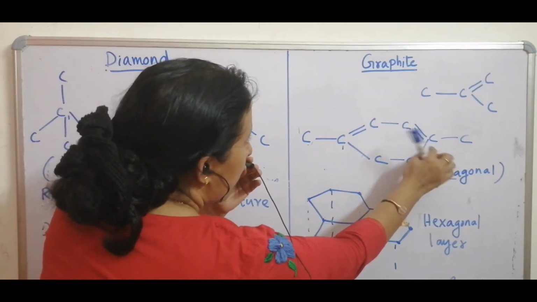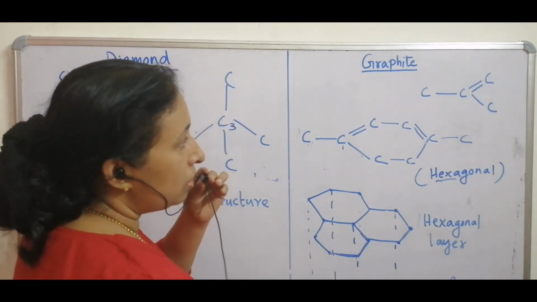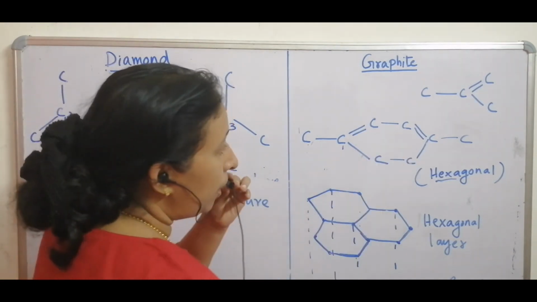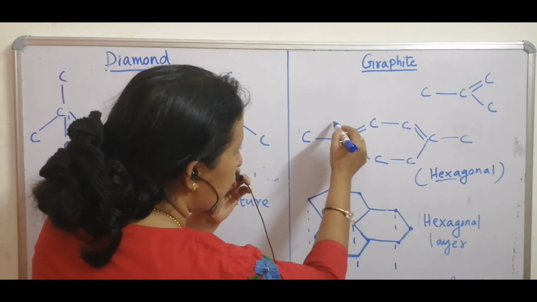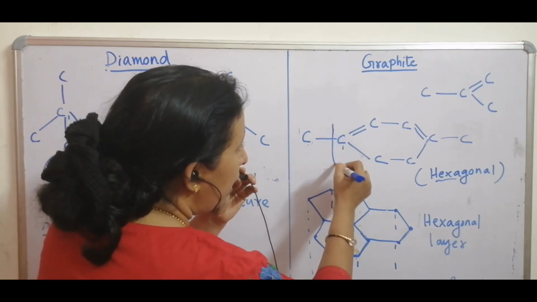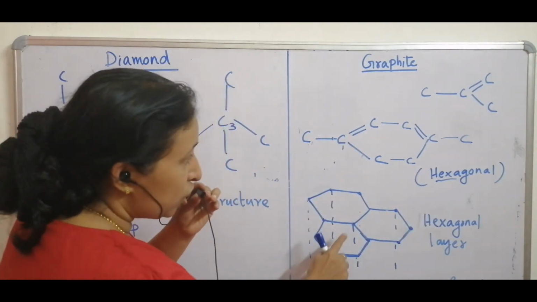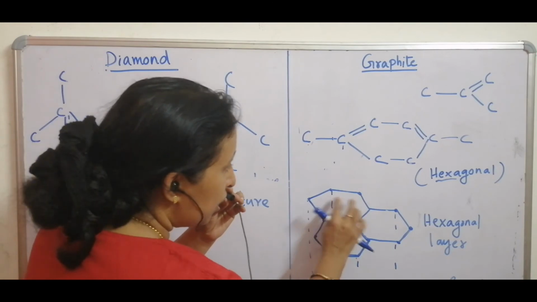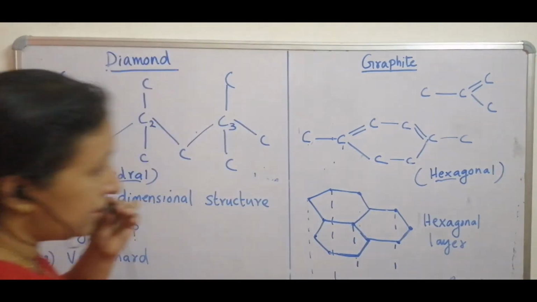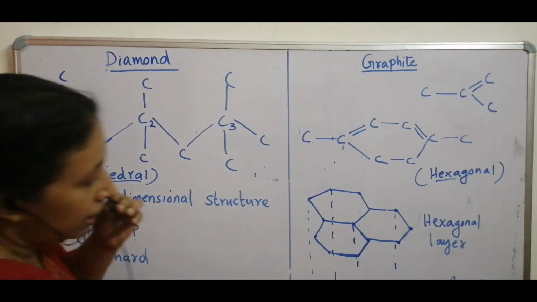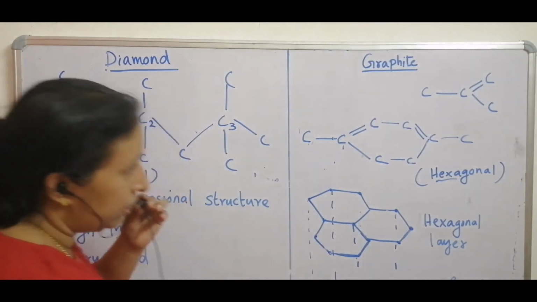And this carbon is also bonded to 3 other carbon atoms, and one of these bonds is a double bond, forming a hexagonal structure. This is shown here. This is one hexagonal layer, and this is the second hexagonal layer, and there are weak forces between these layers.